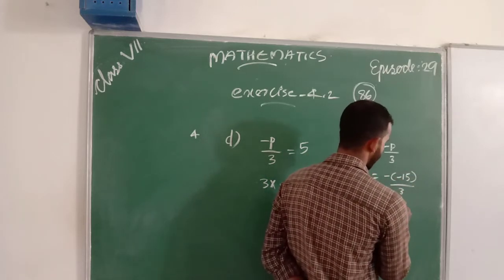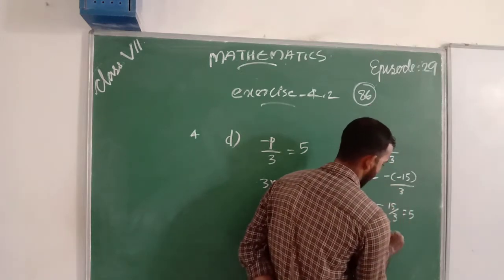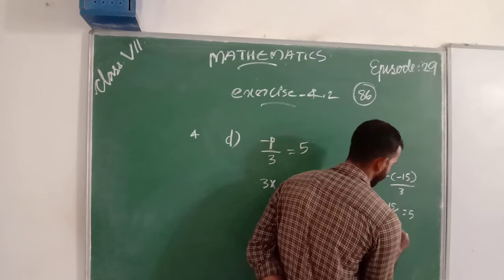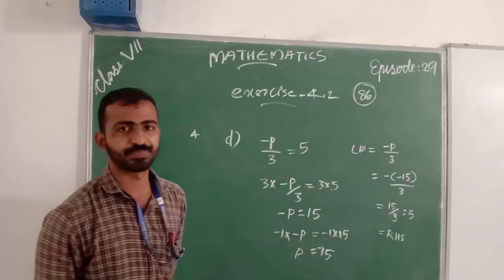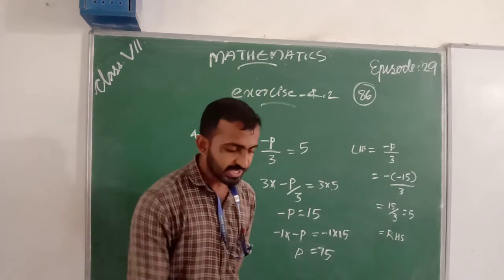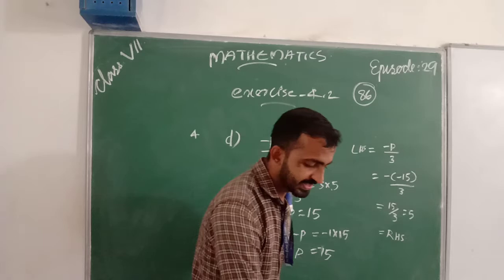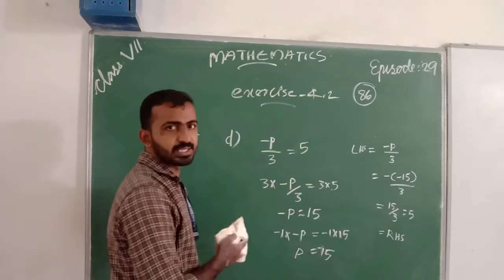That is 15 by 3. That is 5, which is equal to RHS. The next question is same as E. Is it clear?